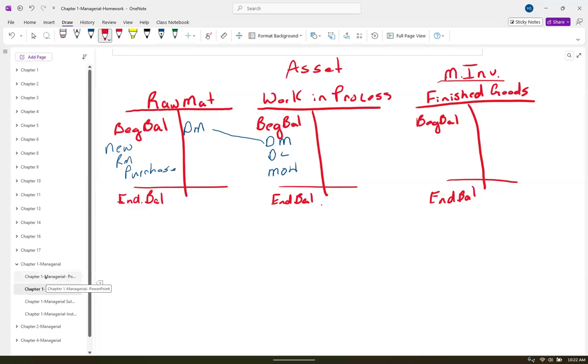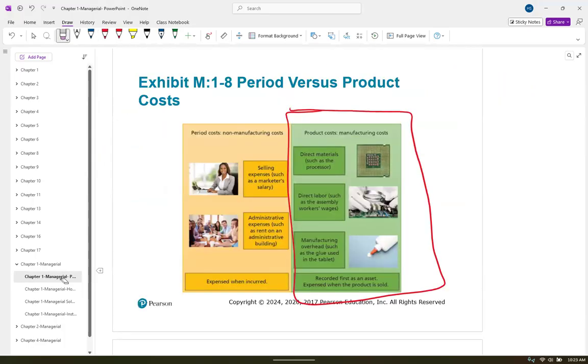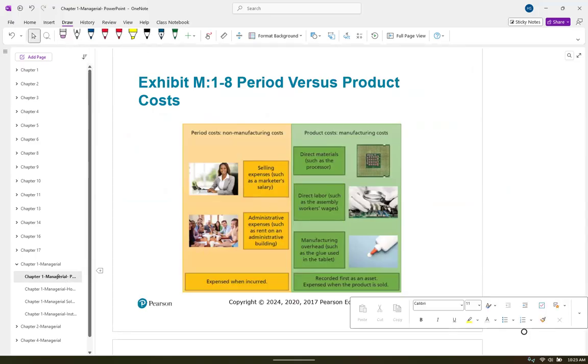When it leaves finished goods, I'm going to write here, it leaves finished goods as cost of goods sold. Okay. So we're accumulating all these costs as we go through the assembly line process. Whereas the salary for the salesman and the utilities for the office building are going to go straight to the income statement.